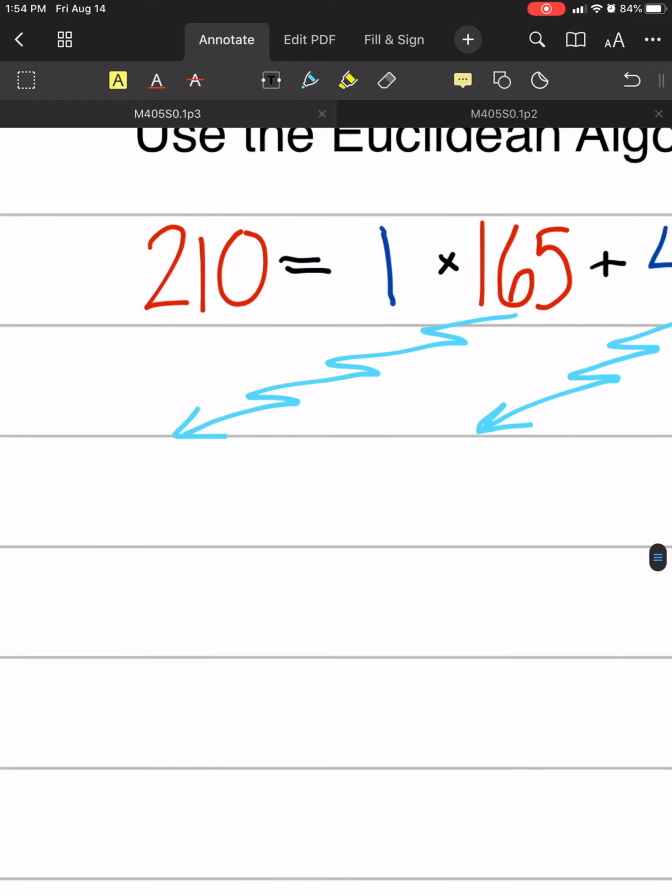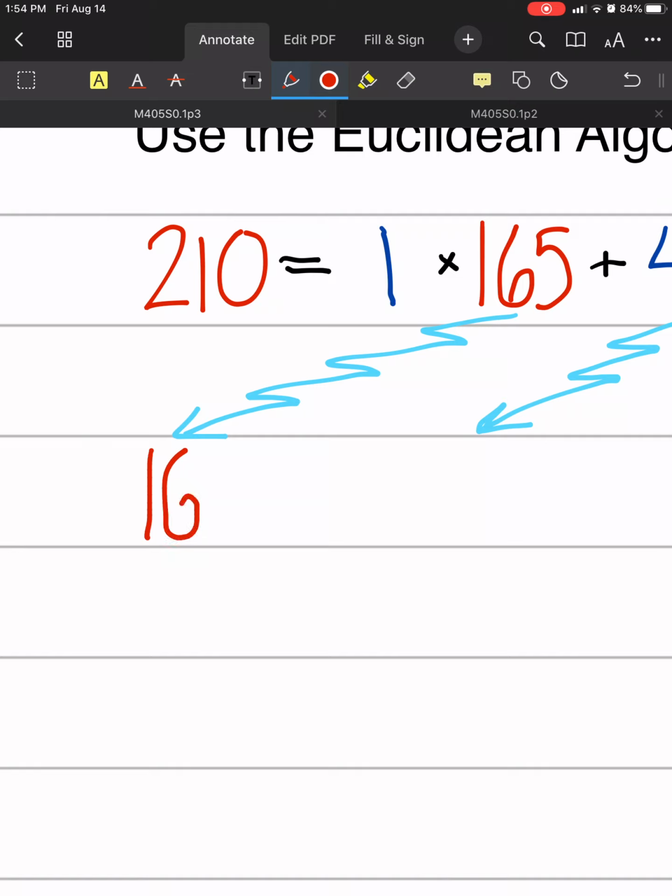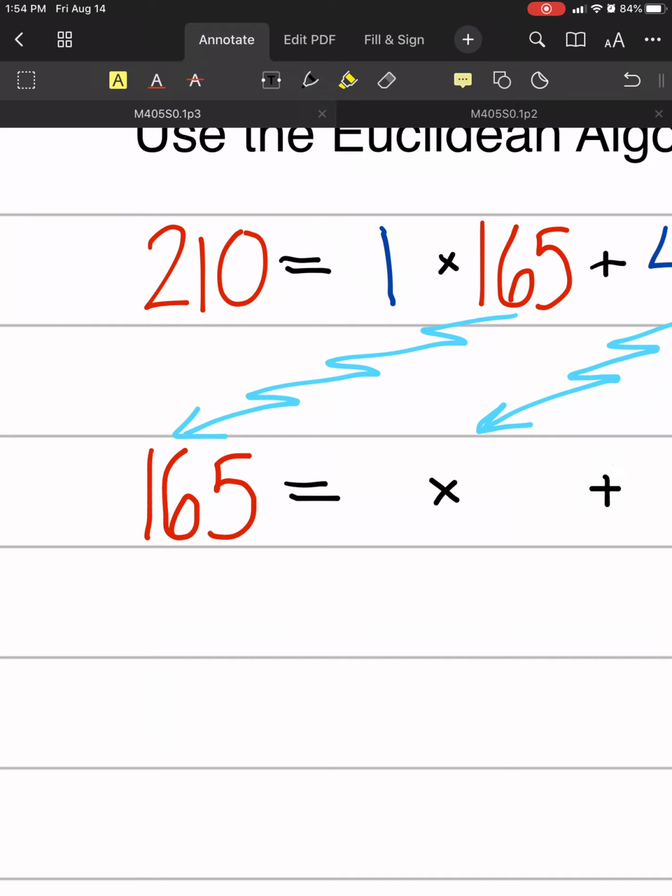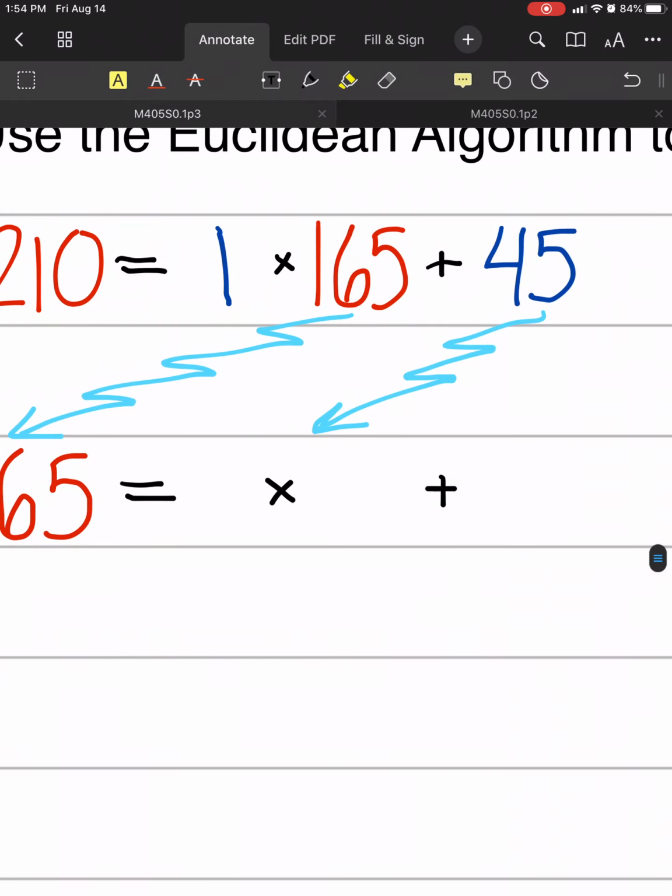But let's go ahead and set up the next one then. Let's see, red. 165 goes here, and black equals times plus. And what we should have here in our next spot is 45.